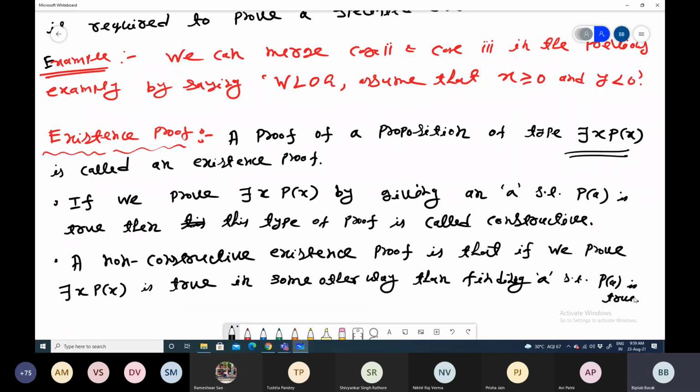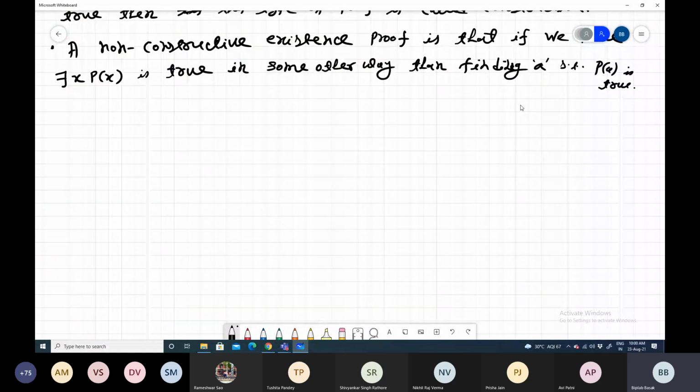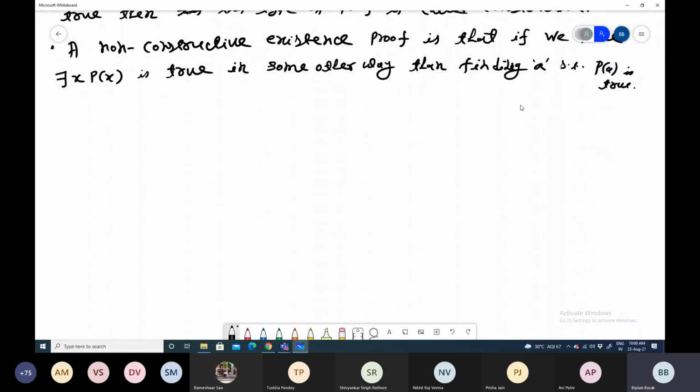So that's when without giving this A, if we can prove the existence, then this is called a non-constructive existence proof. We will give one example to see what is constructive and what is non-constructive.